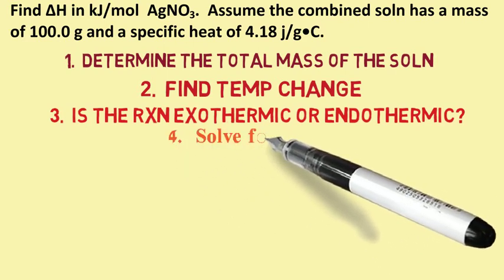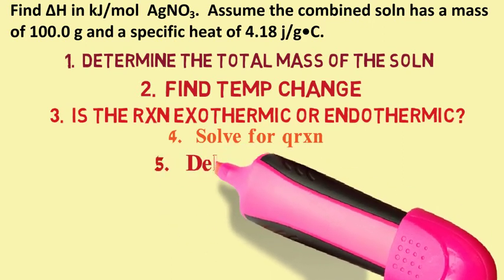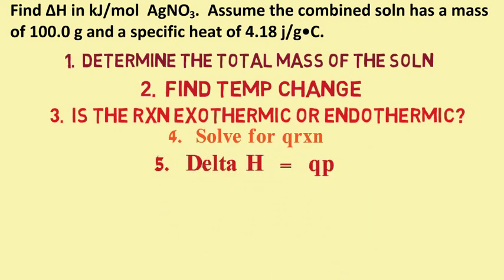Step 4, you're going to solve for Q. What is Q in the reaction? You should be doing that. Step 5, please remember that delta H is equal to Q under constant pressure. That's why it says QP.